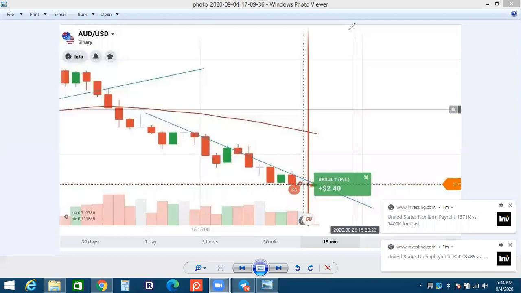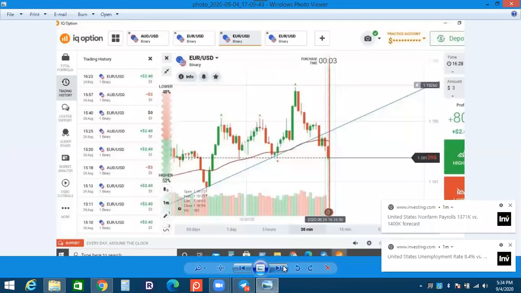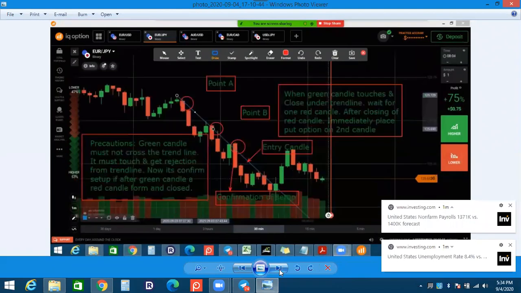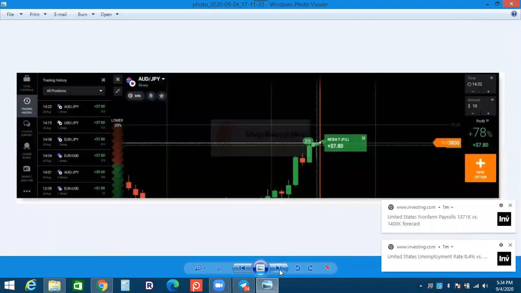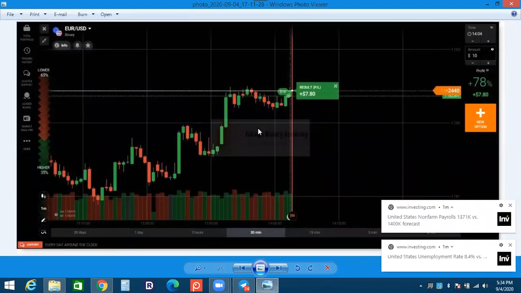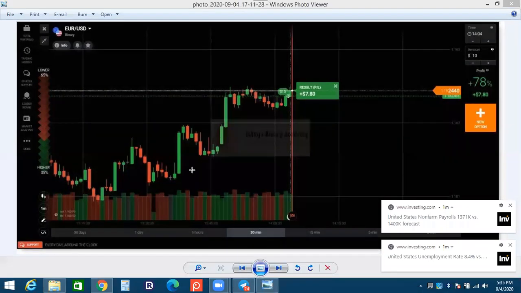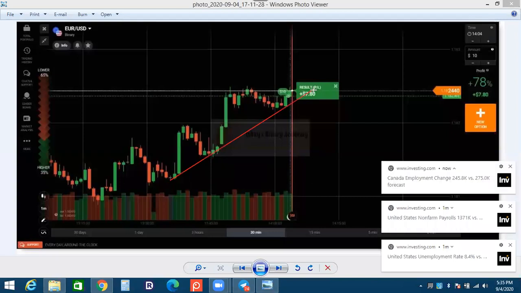Again, that is the same setup. Look at here, from this point to this point when we join. When the green candle goes up, you can place a trade.